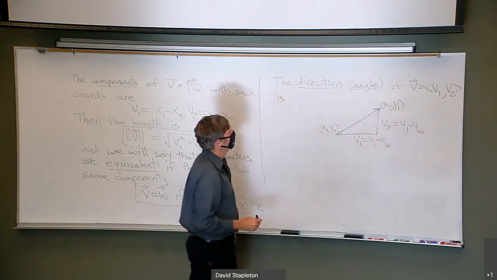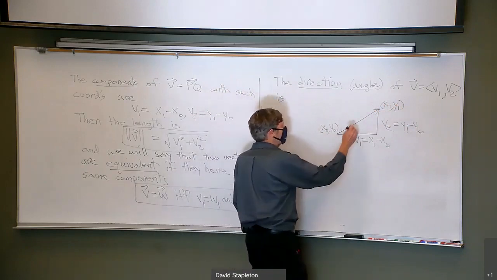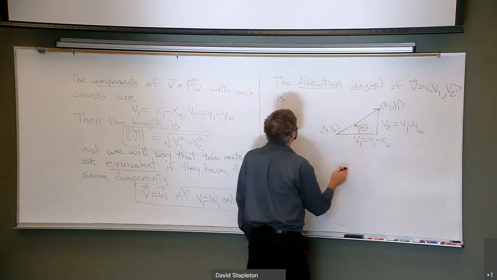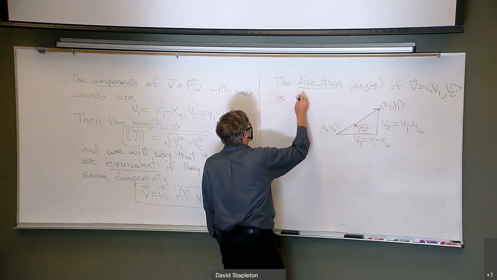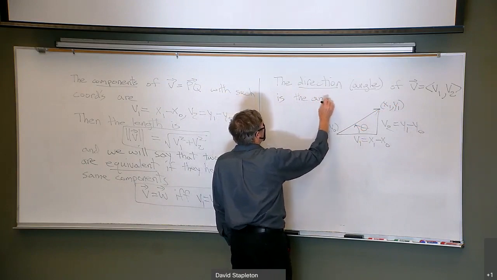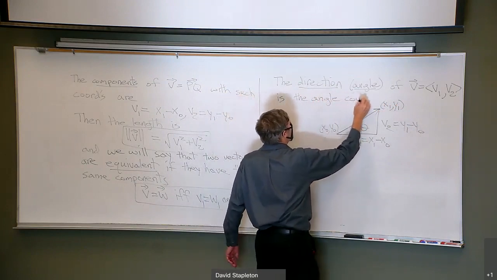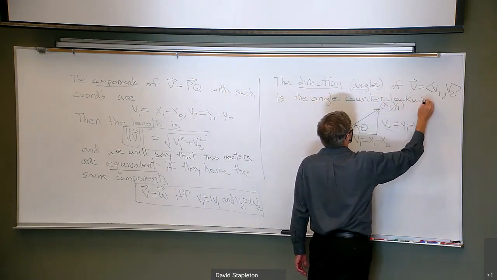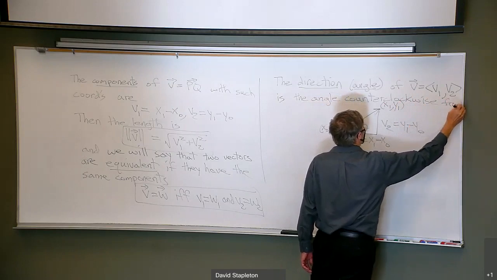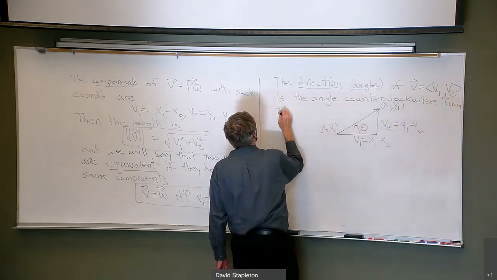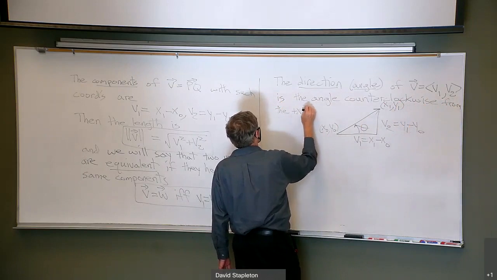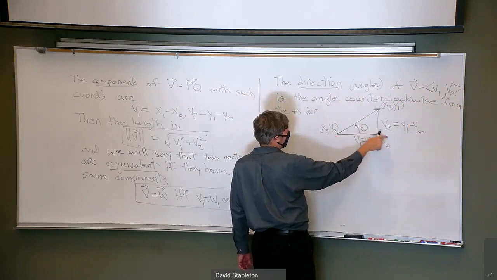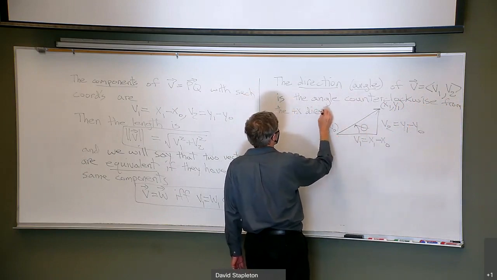There's that vector. The direction angle will be this angle counterclockwise from the positive x direction. If you like, from the vector of components 1 and 0, so any vector pointing in that direction.